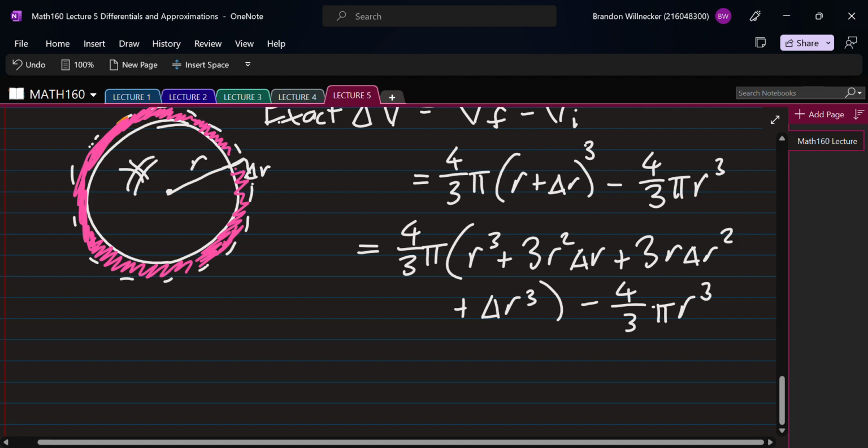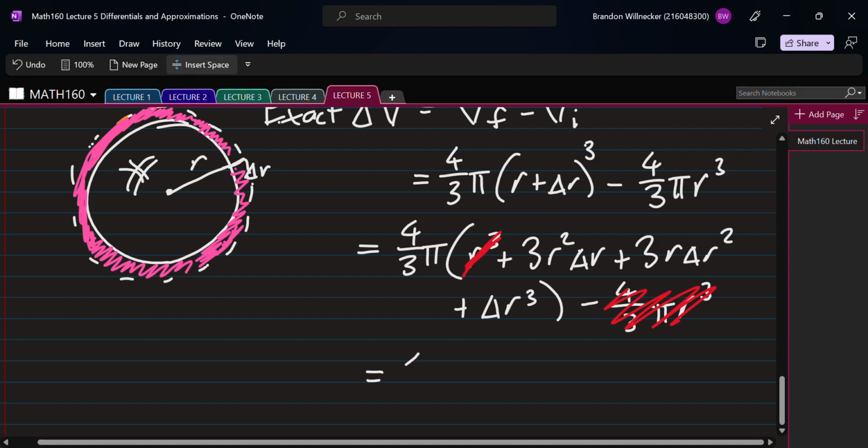Now two things will cancel here. We have the 4 over 3 pi r cubed from that bracket minus 4 over 3 pi r cubed outside the bracket, so we can eliminate those, and then we can simplify the rest.